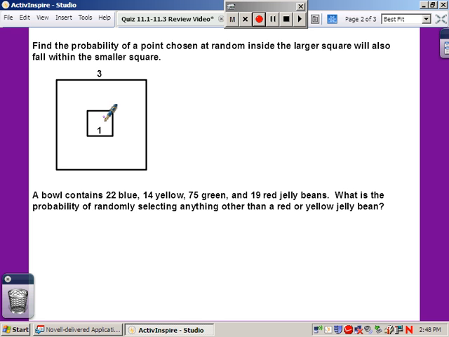So what I really am saying is that the smaller square here is the good area, and the total square, or the big square, is the total area. So any kind of geometric probability is usually the good area over the total area.